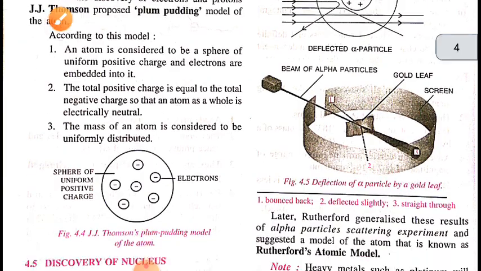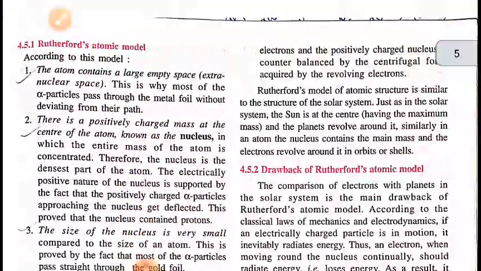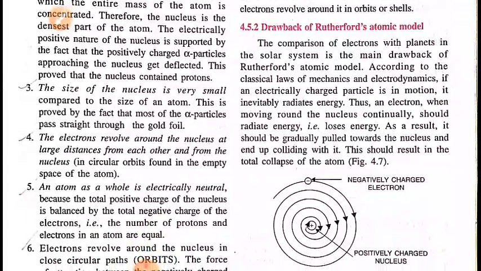As we know, according to the classical law of mechanics, or classical physics, if any charged particle is rotating, you have to listen carefully because this is a very complicated part.